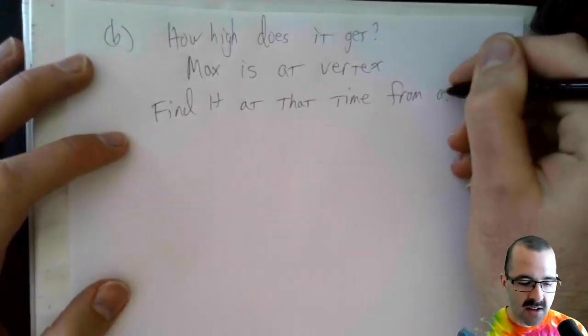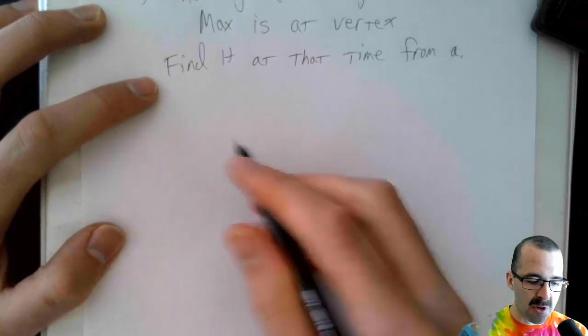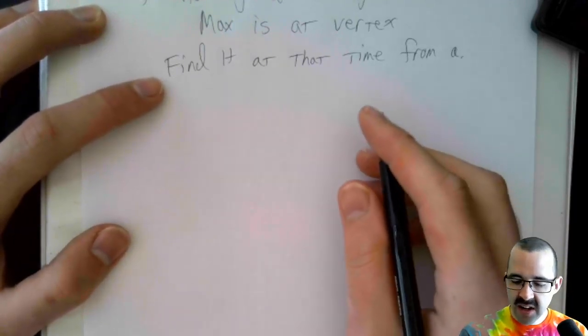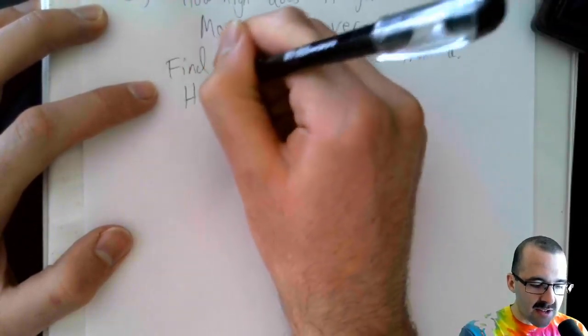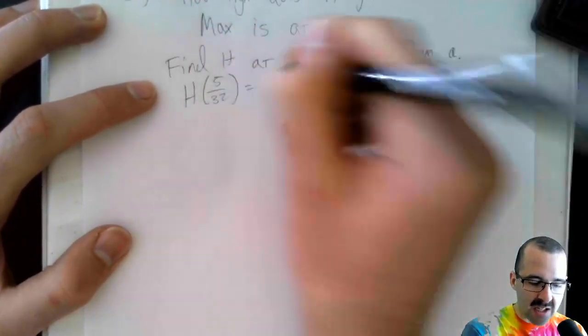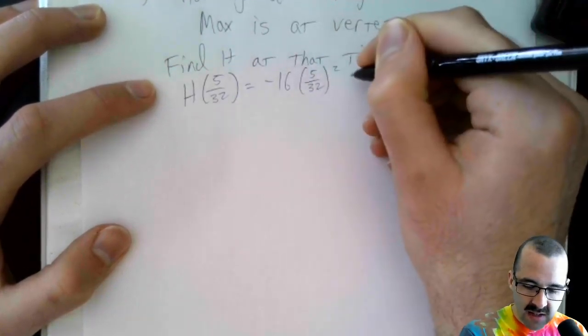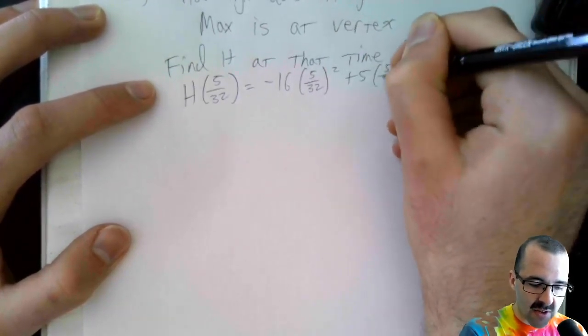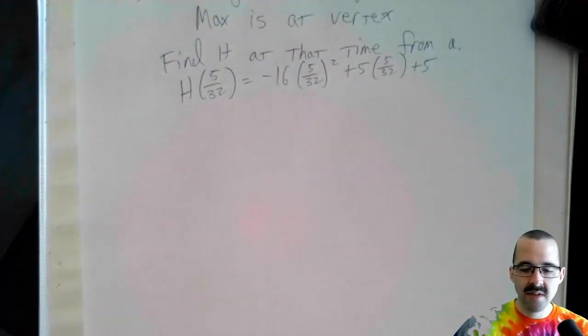We can talk more about this tomorrow, but I want to make sure that I get through it today before your quiz. So we just plug in our answer from A, which was 5/32 seconds. H of 5/32 seconds is going to be negative 16 times 5/32 seconds squared plus 5 times 5/32 second plus 5. We just plug that into a calculator.